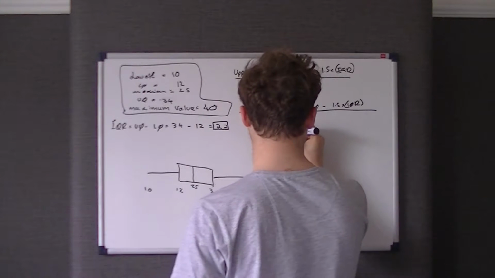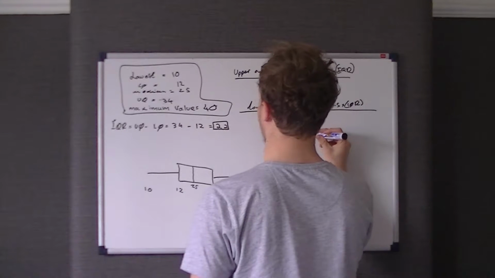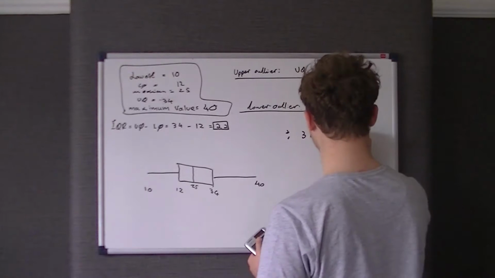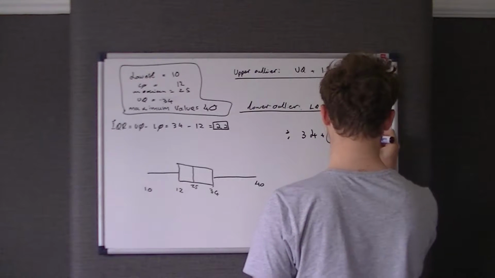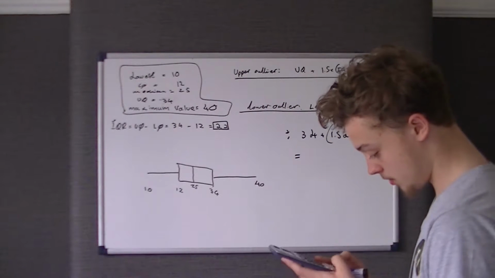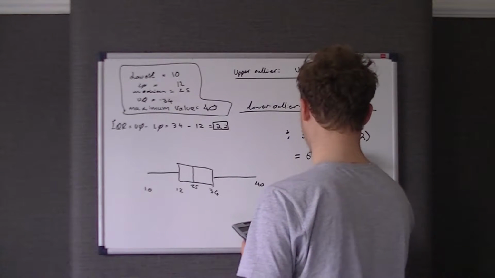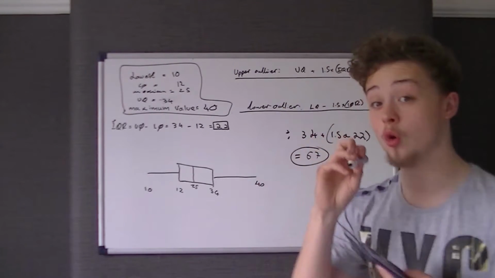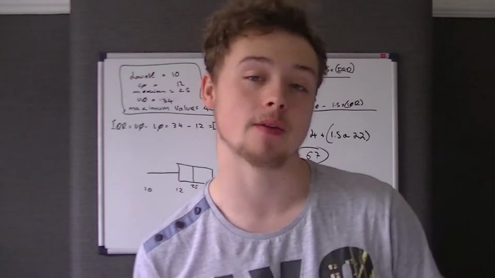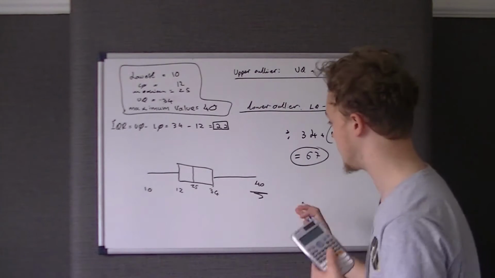So if there's any outliers, it's the upper quartile, which is 34, plus 1.5 times the IQR, and the IQR is 22, so 34 plus 1.5 times 22 gets you 67. So, as the maximum recorded value is 40, which is obviously less than 67, it is not an outlier. So we don't do anything else, we just leave it as it is.